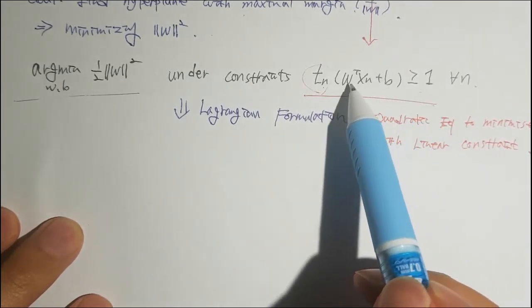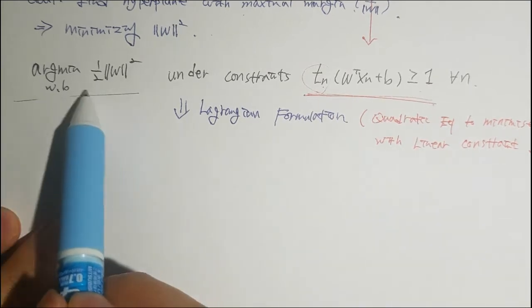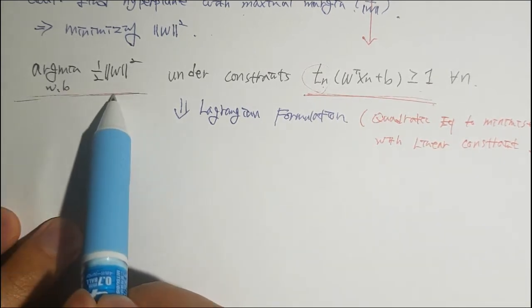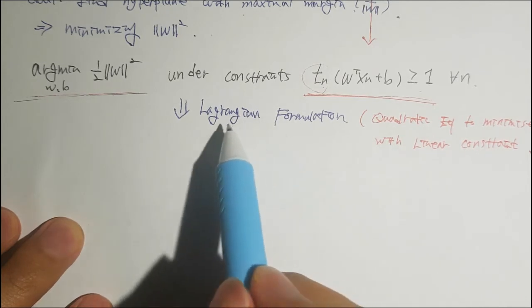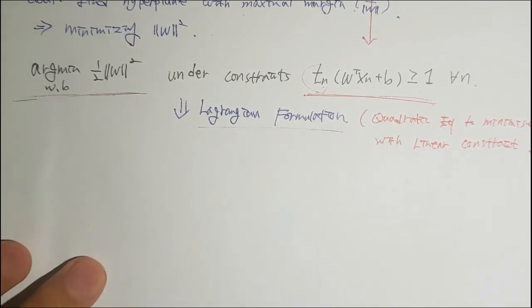So this is the linear constraint, and this is the quadratic equation to minimize. So we can apply the Lagrangian formulation.